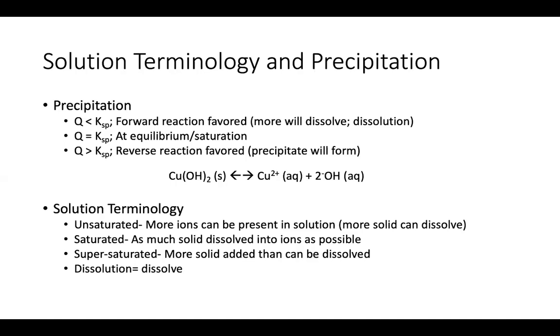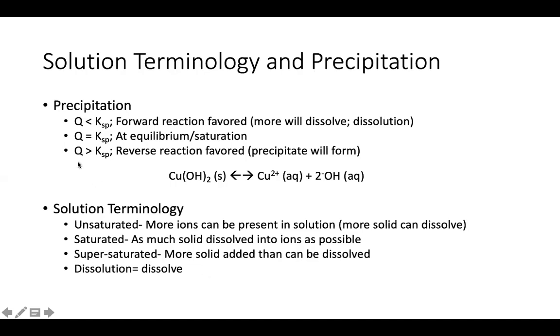It means that every single molecule that you added would have split into its ions. If you see an accumulation of solid at the bottom, that means that you have a supersaturated solution. That means you added more solid than can physically be dissolved, and that's why there is an accumulation. It corresponds with Q being greater than your KSP. Basically you added too much product.